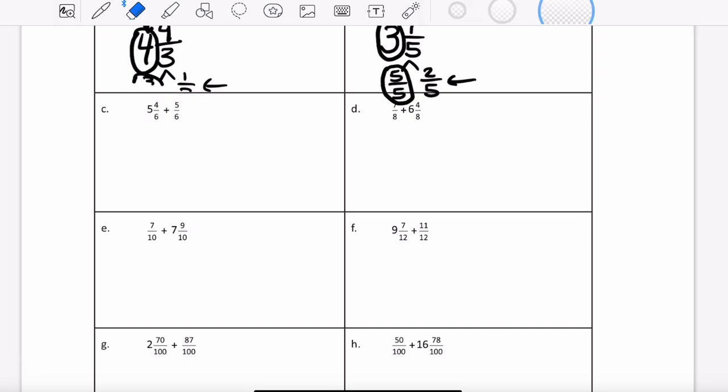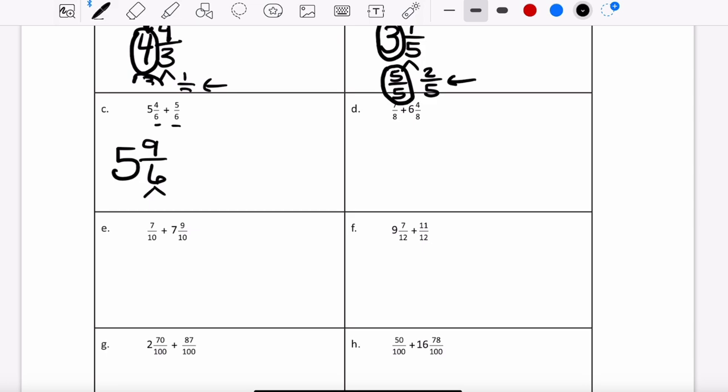Okay, looking at the next one, we have 4/6 plus 5/6. 4/6 plus 5/6 equals 9/6. We bring down our 5 wholes and we change our 9/6 into a mixed number.